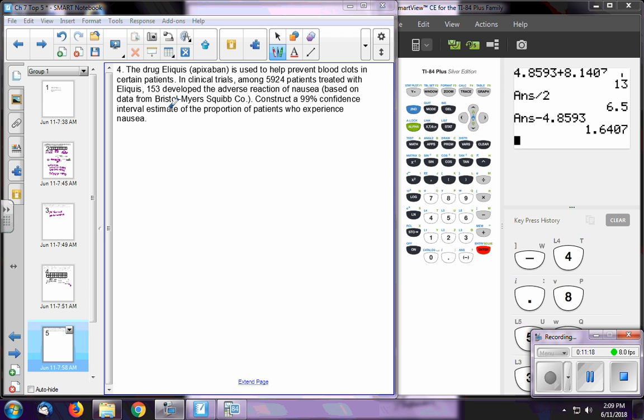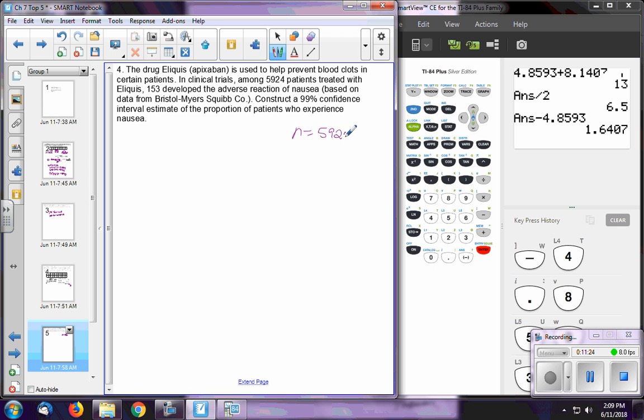So to go about this, first let's make a list of all the information we know. We know we have a sample size of 5,924 patients, and 153 of them did in fact have that adverse reaction. So that means that our sample proportion is 153 over 5924.